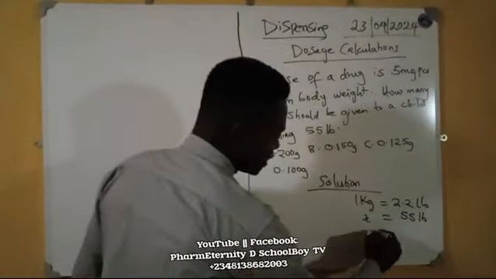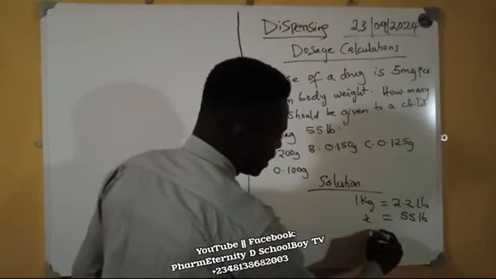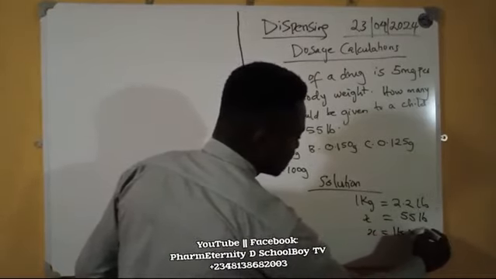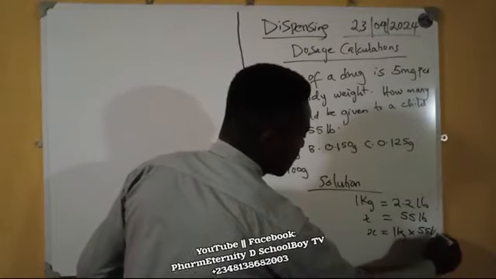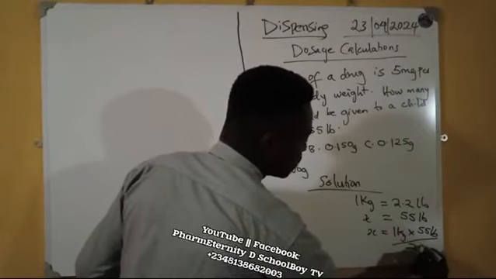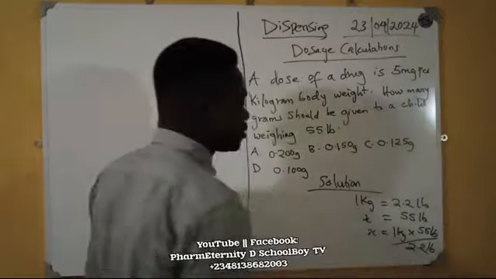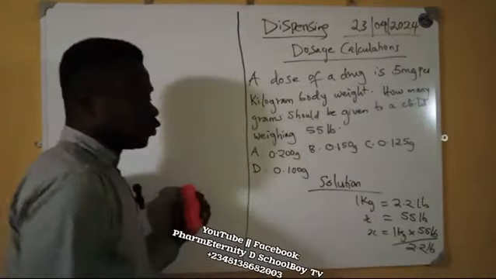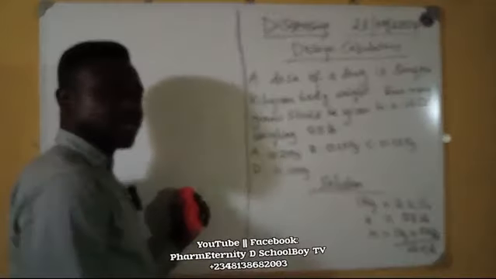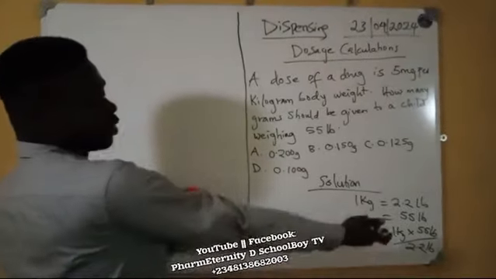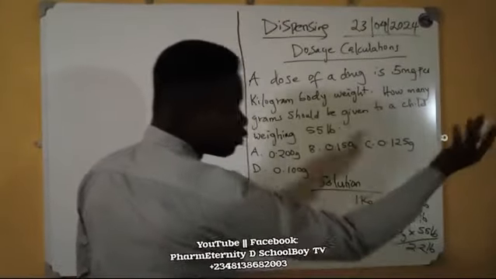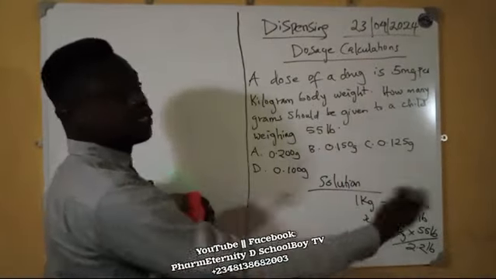If you cross multiply, X is equal to 1 kilogram times 55 pounds over 2.2 pounds. Let's move this 2.2 from decimal fraction to common fraction. It becomes 22 over 10, because 22 over 10 is 2.2.